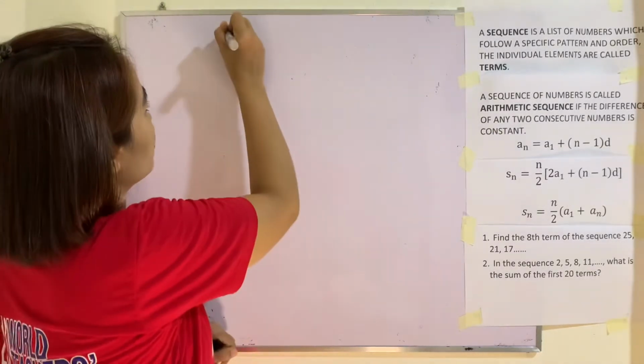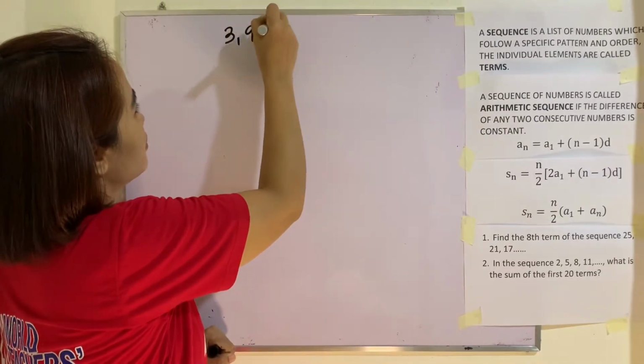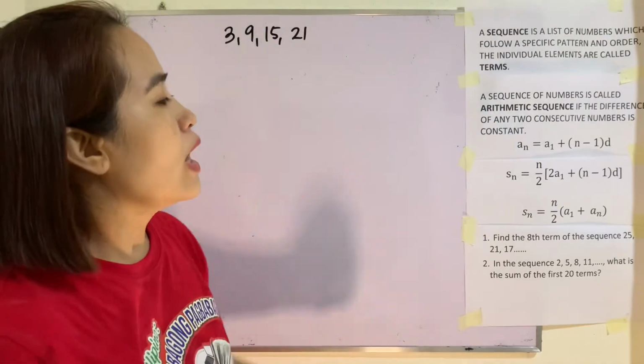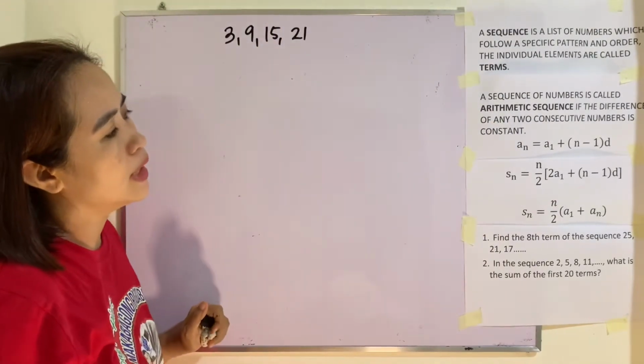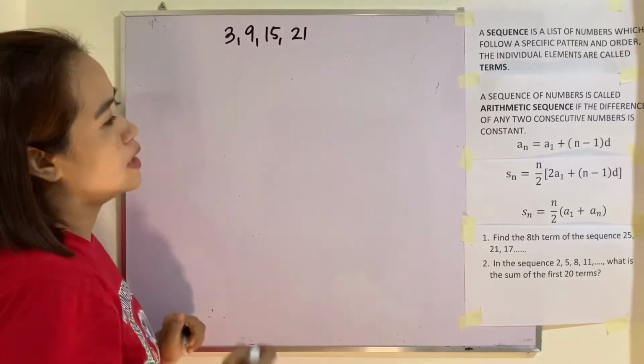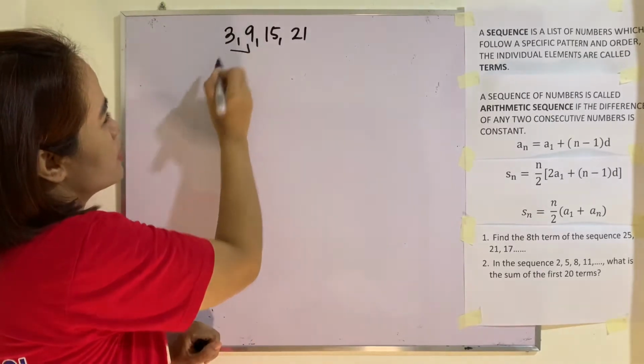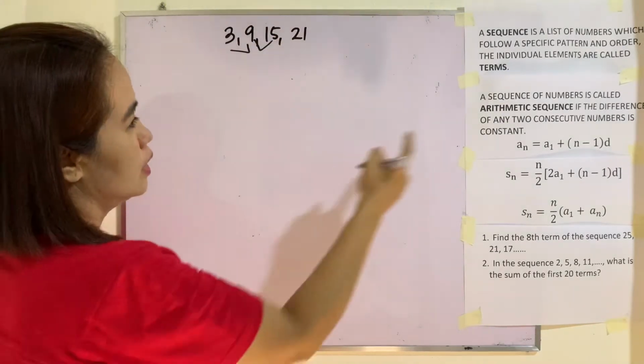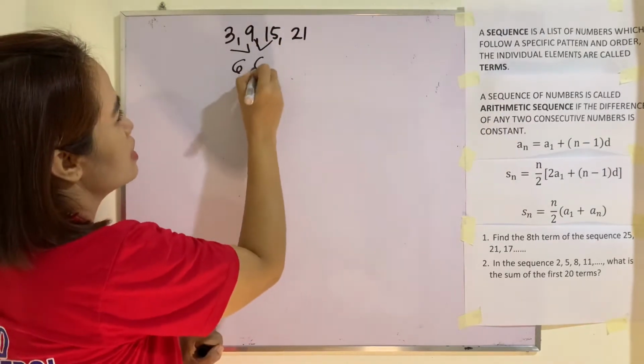Say for example, we have 3, 9, 15, 21. For us to be able to identify this as an arithmetic sequence, we need to get first the difference of these two consecutive numbers. So you have 6 and 6.